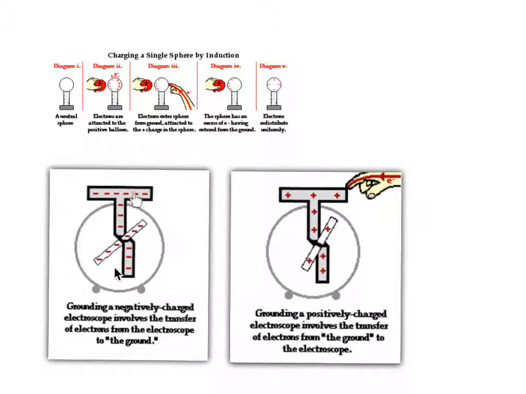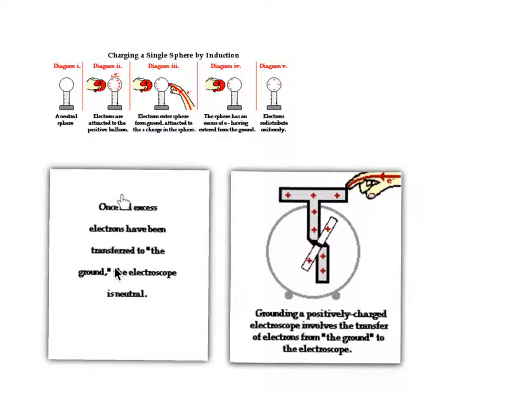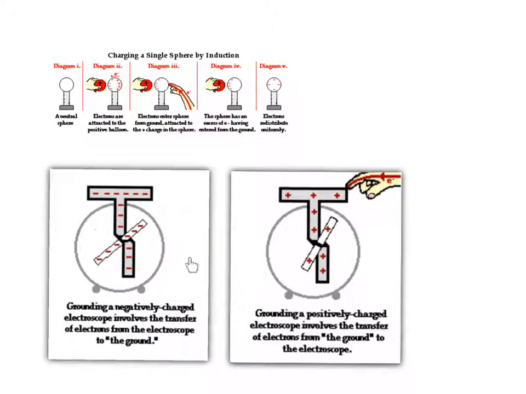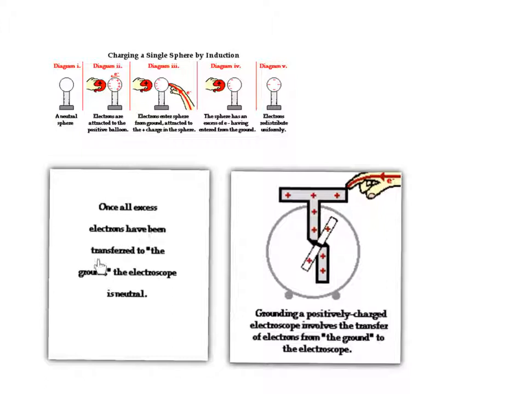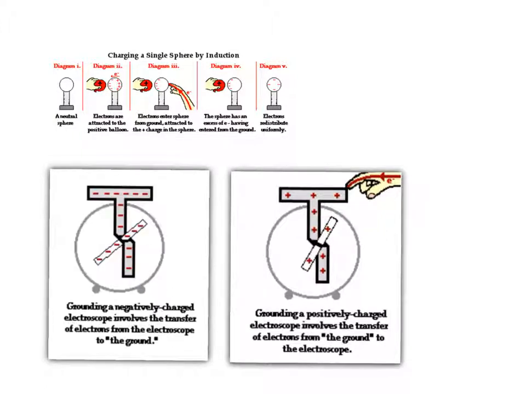So let's look at an object that has a net negative charge. If I were to touch it with my fingers, this is called the process of grounding. My fingers give a path for all the extra electrons to come into my body and eventually to the ground, which is why it's called grounding. So this is the process of grounding for a negatively charged object to make it neutral.